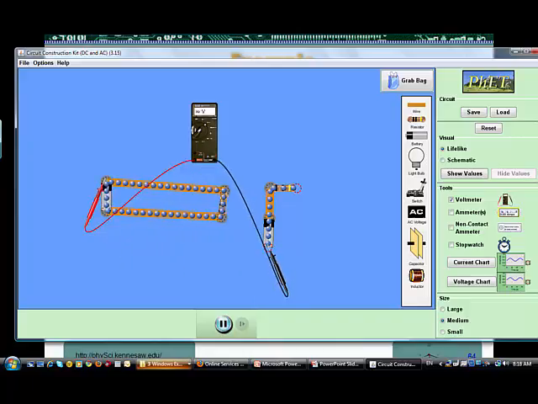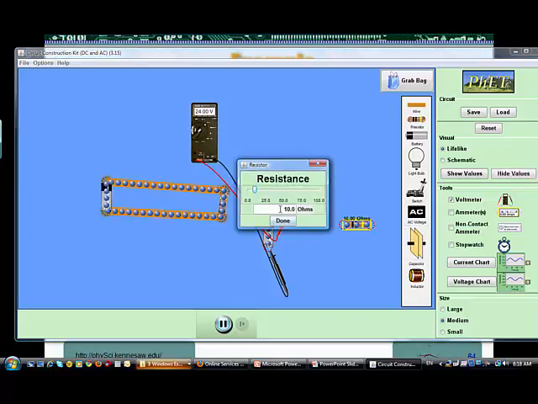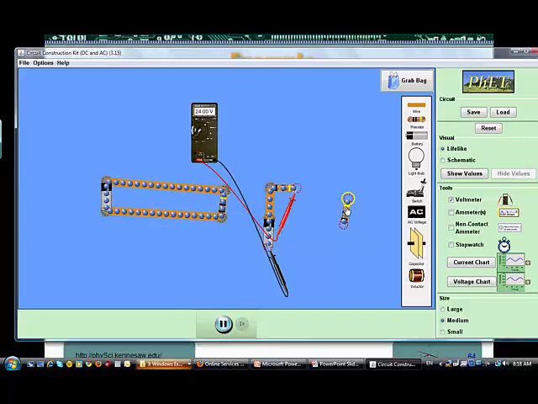So now, if I measure it, it should read 24 volts. Now, I'm going to add another resistor that's 8 ohms, like that one. So I'm going to right-click on it, change resistance, 8 ohms.